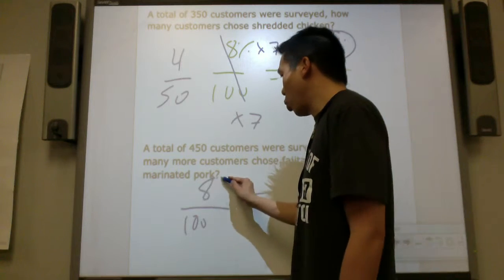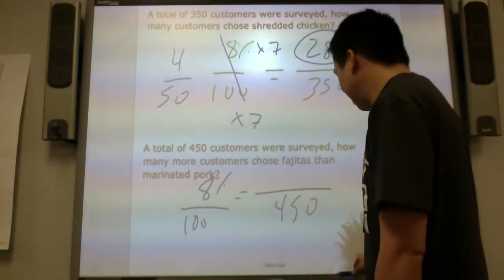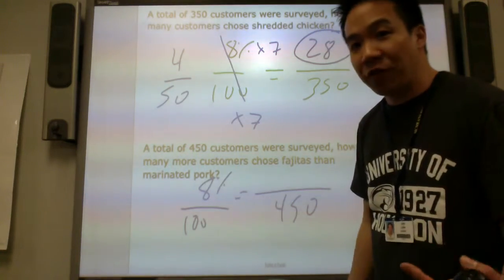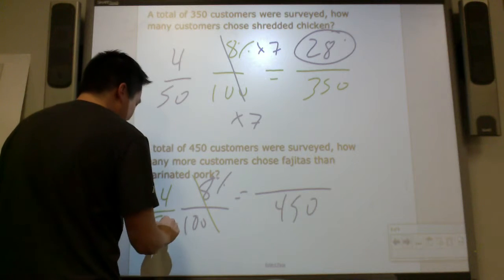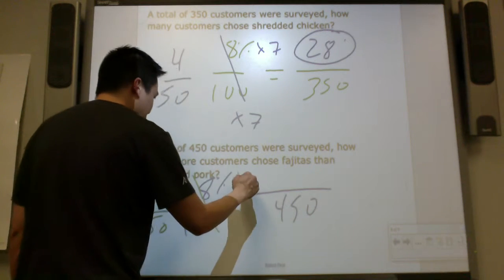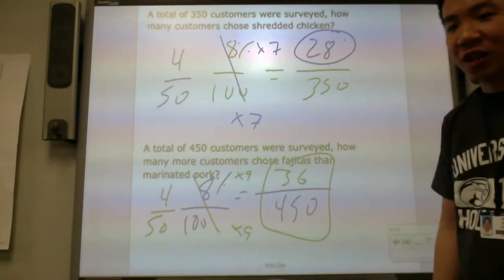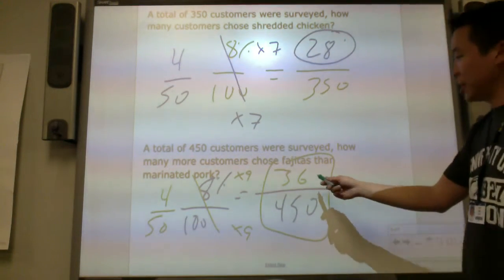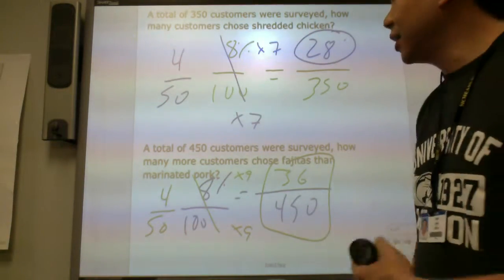So 8% more like fajitas than marinated pork. Can you build this up? I could multiply it by 4.5, but I'm not. I'm going to break this down. 4 over 50. Now I'm going to build it up by 9. 36 customers out of 450 like fajitas more than marinated pork.